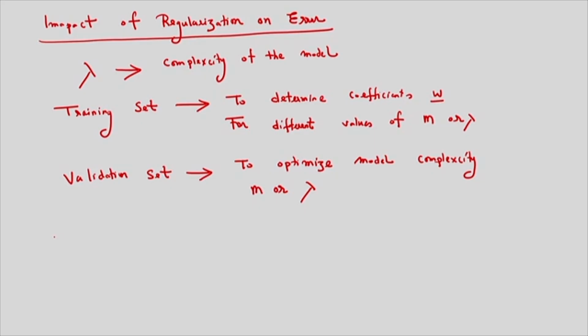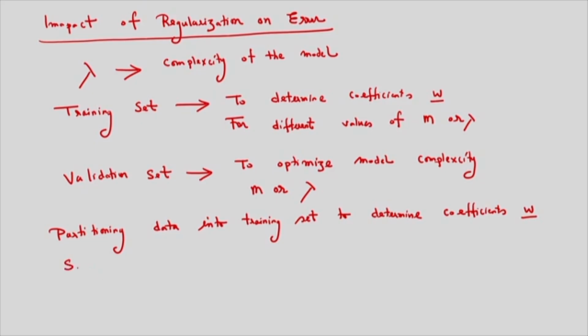So, that means I can say that partitioning data into a training set to determine the coefficients of this weight vector W, and a separate validation set to optimize the model complexity, m or lambda.